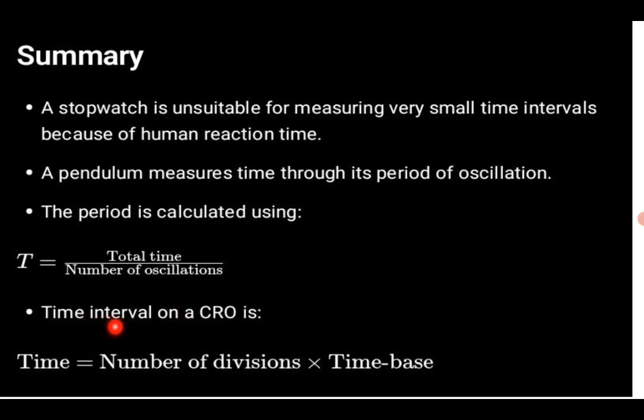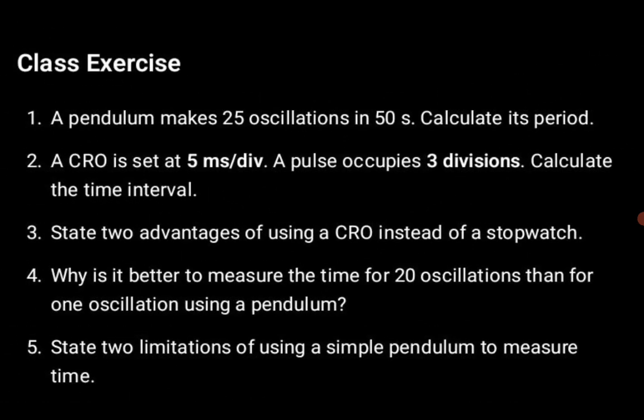In order to calculate the time interval on a CRO, use this formula: just take the number of divisions multiplied by the time-base setting.